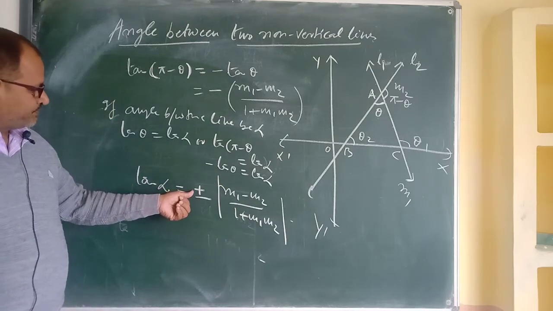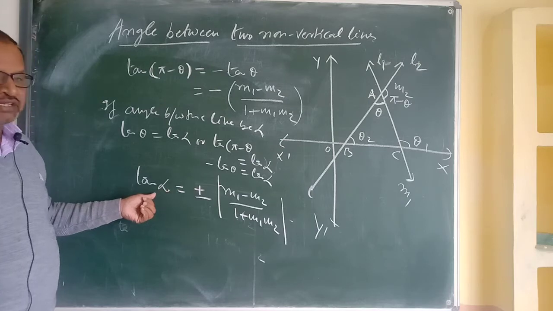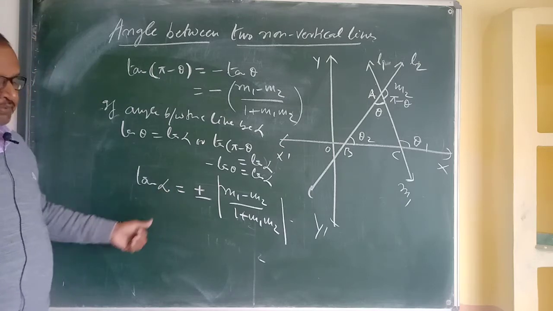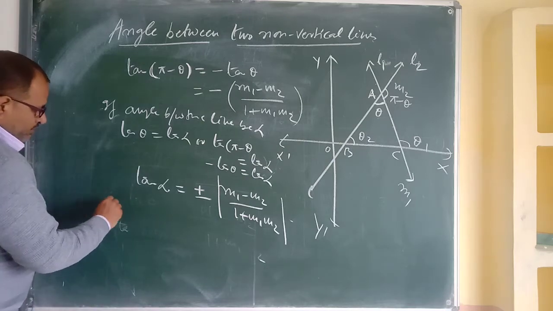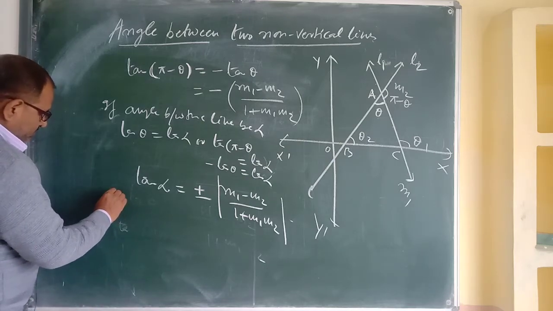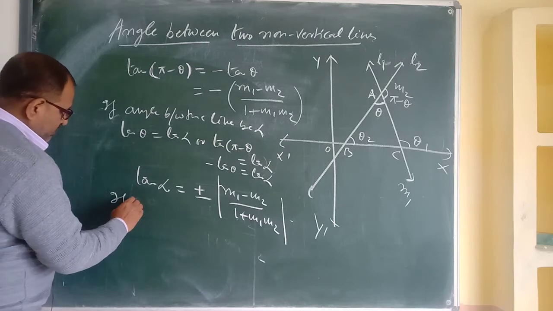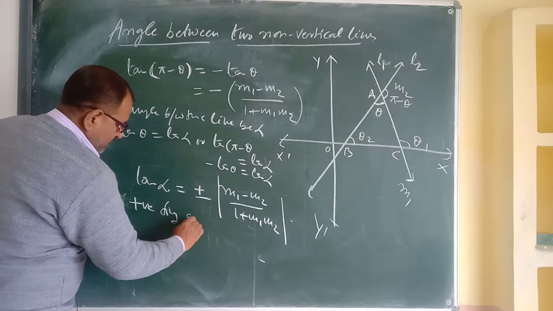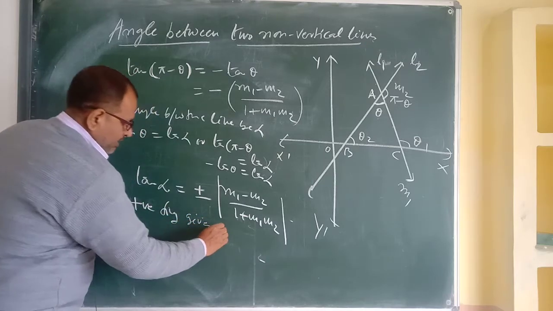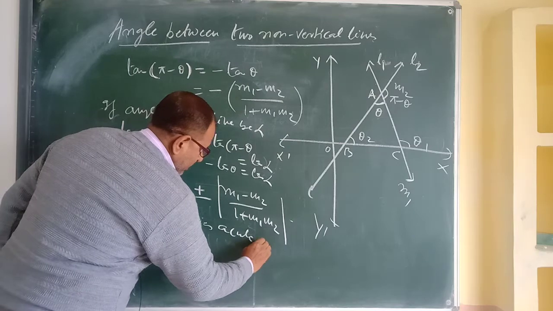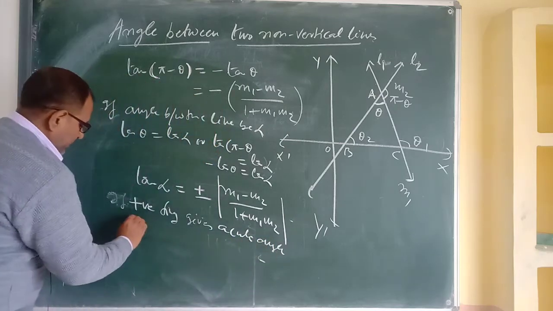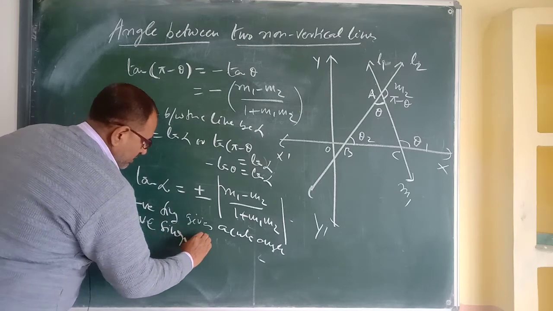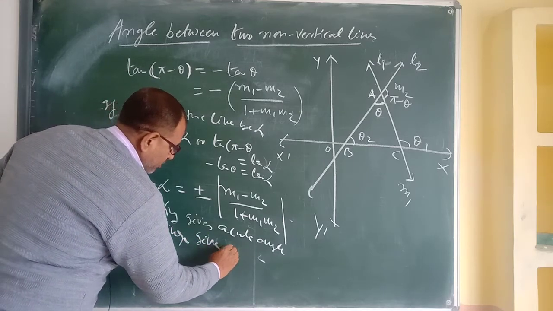If we take the plus sign we get the acute angle, and if we take the negative sign alpha will be obtuse. So the positive sign gives the acute angle and the negative sign gives the obtuse angle.